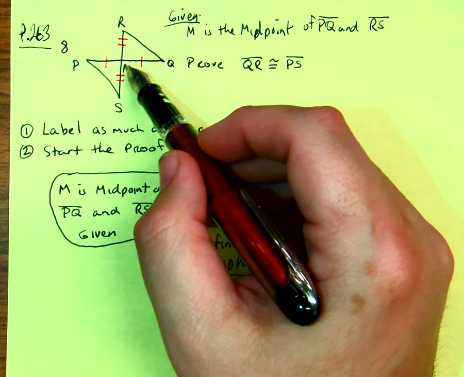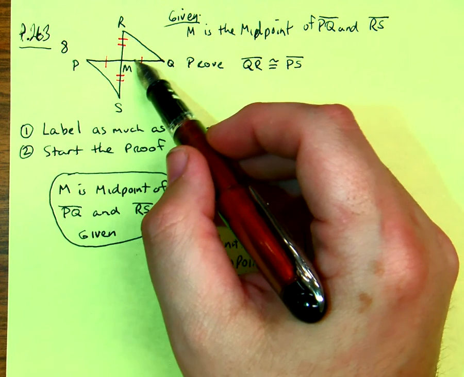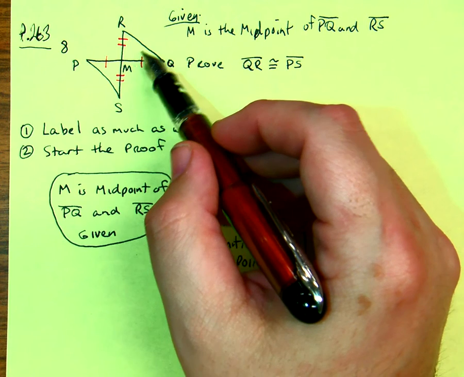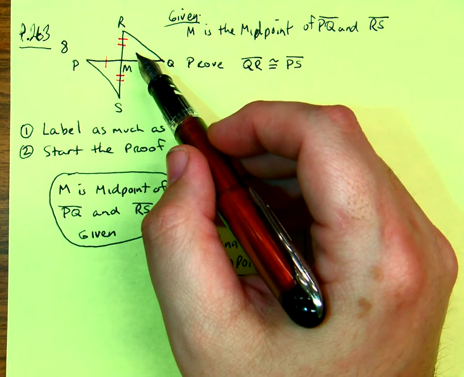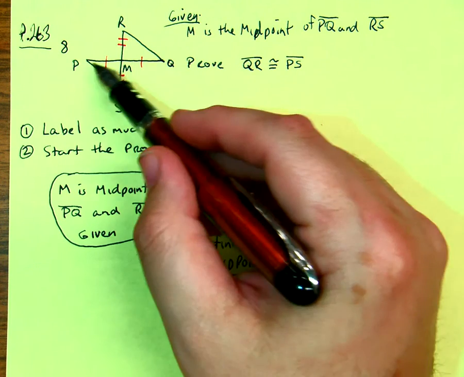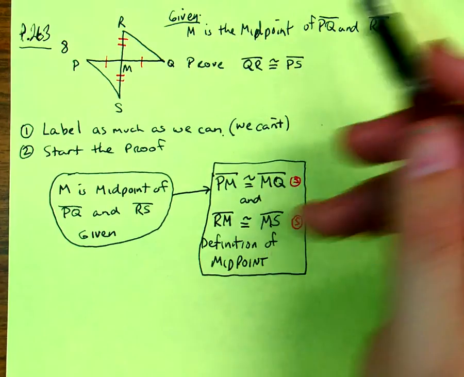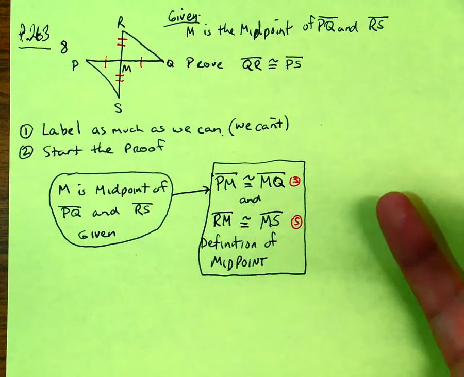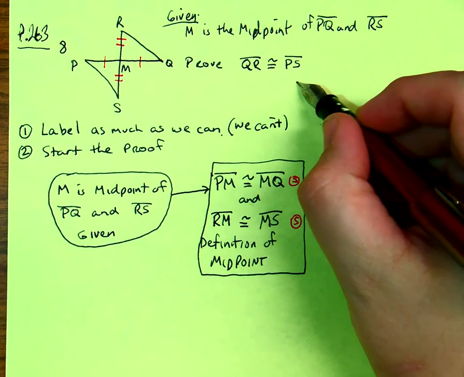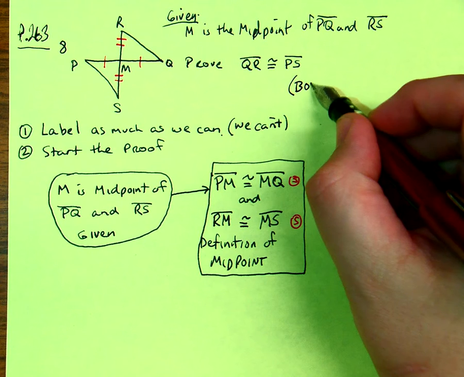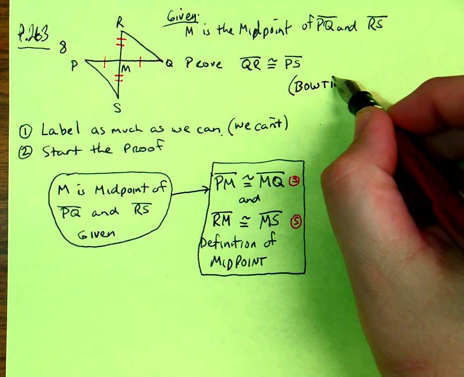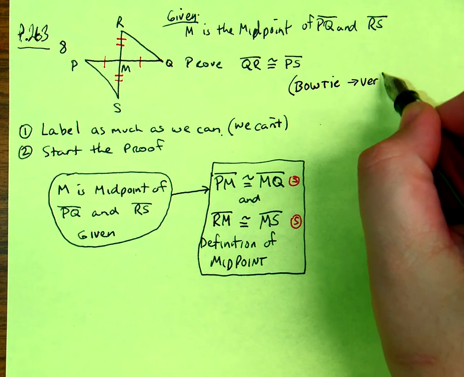What angle pair? Special angle pair? Not adjacent. Vertical angles. So any angles created by two lines, and in your bow tie problem, you're always going to get vertical angles. So, they're vertical angles.